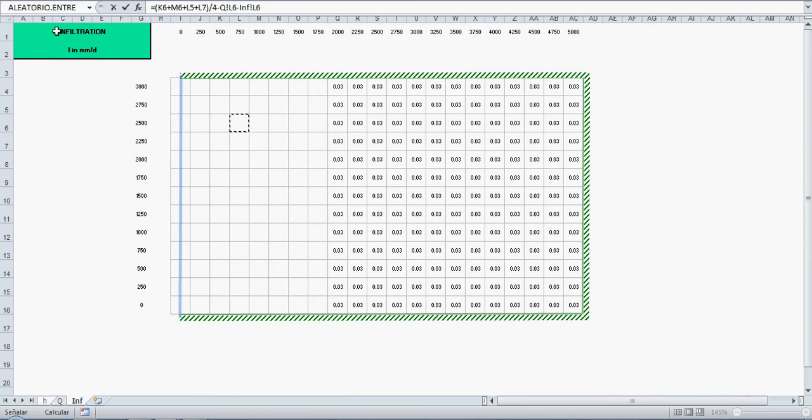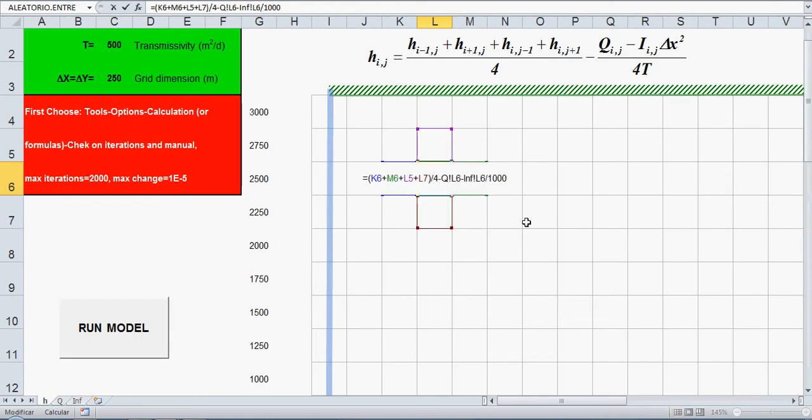The infiltration here is in millimeters per day, but the equation is in meters per day, so let's divide it by 1000, and we can use parentheses here, multiply by delta x squared, and divide by 4 times the transmissivity.